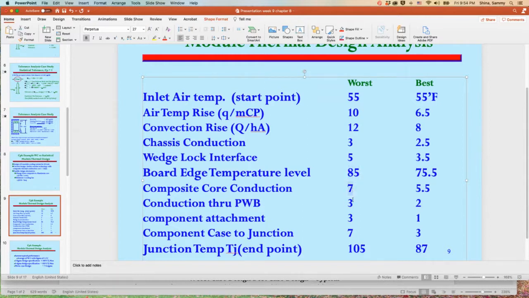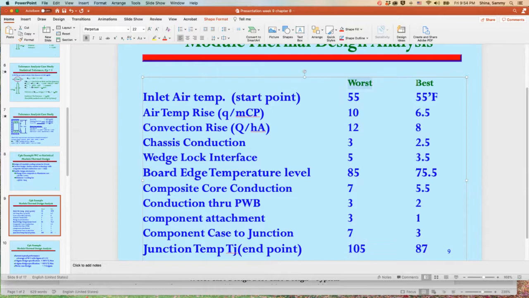The composite core drops it some more. Then conduction through the PC board, through the attachment of the component. They weld these gold wires between the chip and its packaging. So there's heat rise through that, and then the case to the junction, and then you finally arrive at the junction temperature.